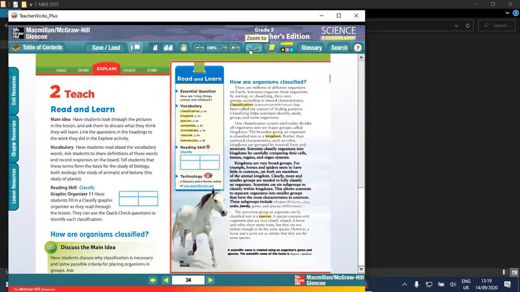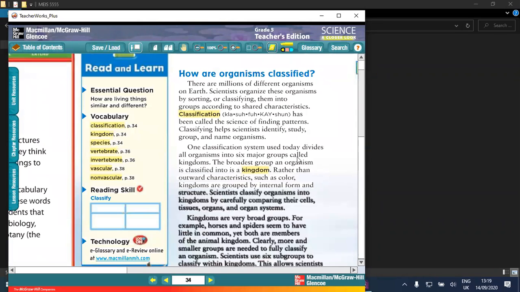Classification. How are organisms classified? We will explain how we classify organisms.